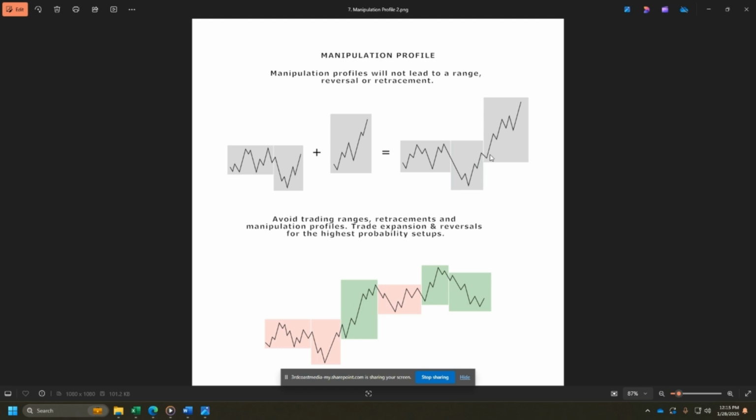In this case, if we were to enter here, our stop loss would be at this swing low. If price did not go up, and in fact went down below this point, we would have an order set to automatically exit. That is part of the game. You will not always be right. But I just wanted to explain that there is a sequence of events that we expect to happen during a manipulation profile.